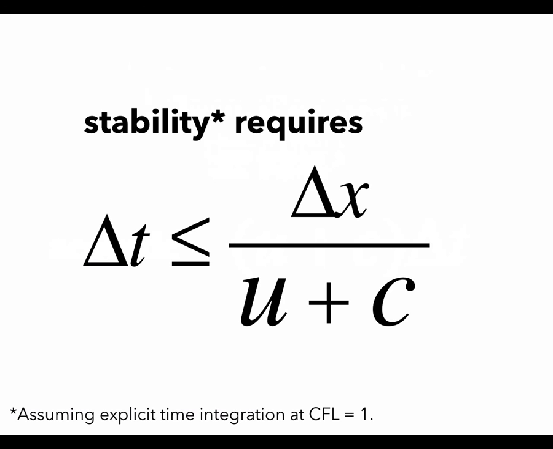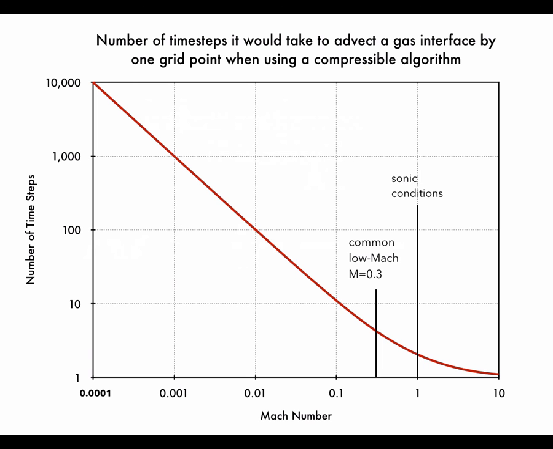If we were to use this algorithm, this method, I want to count the number of time steps that it would take a fluid front, a vortex or a flame, to move by one grid point as a function of the Mach number. Make sense? So I want to count how many time steps I have to take in my algorithm to move my fluid front that moves at u by one grid point using this stability constraint. And this is what you get.